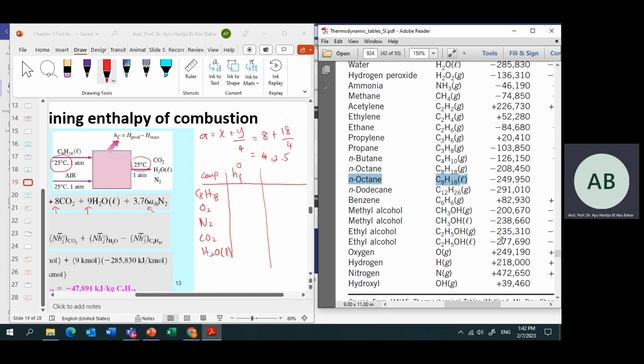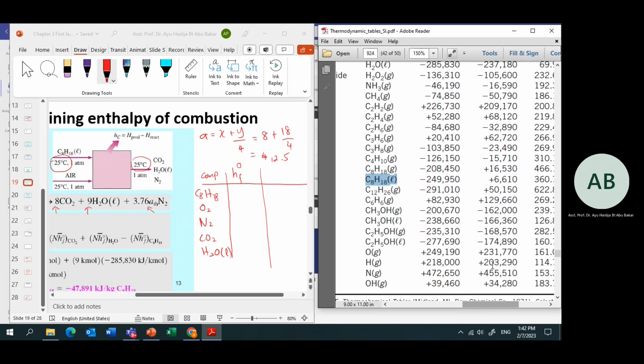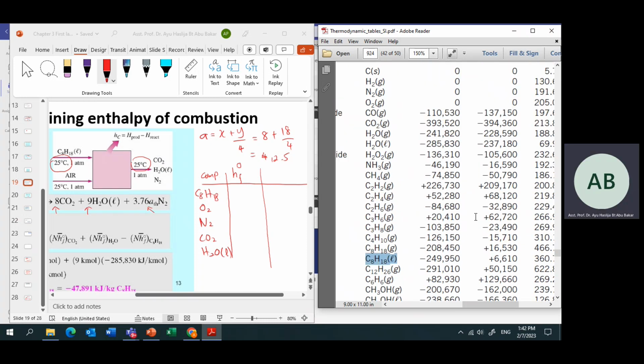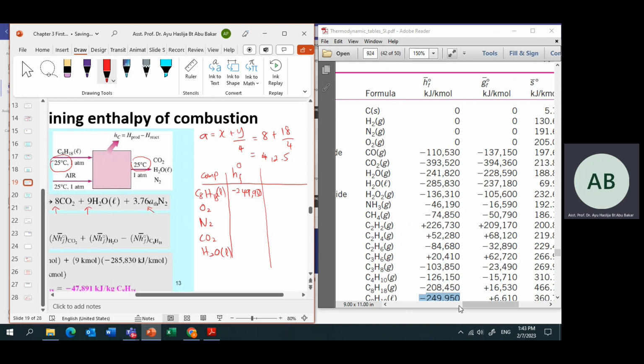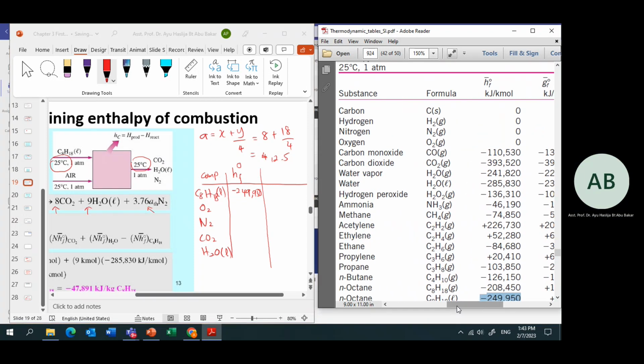So for octane liquid, the HF is negative 249,950. HF for liquid octane, negative 249,950. O2, what is HF for O2? 0. N2? 0 as well.